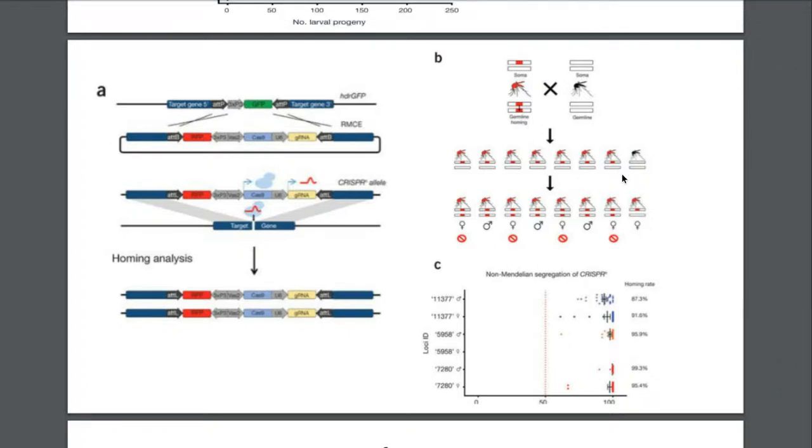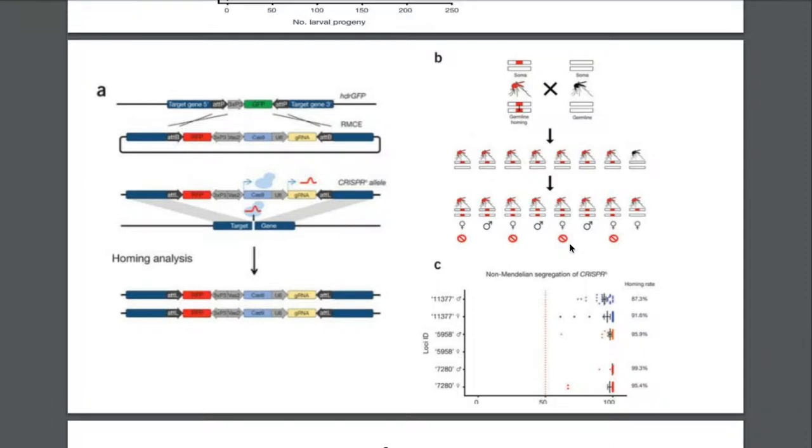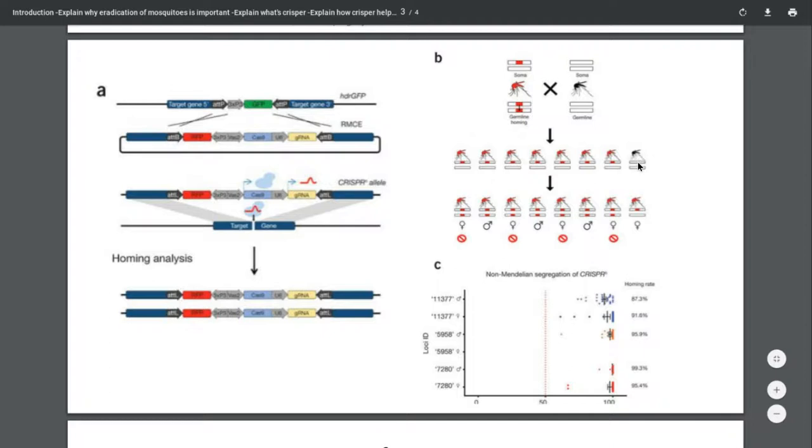What they saw was, because of the Cas9, the population of mosquitoes that they were able to edit showed 98% homozygous gene, all of them in the third generation. So by the third generation, all of these mosquitoes that didn't have a copy now had a copy of at least one gene.